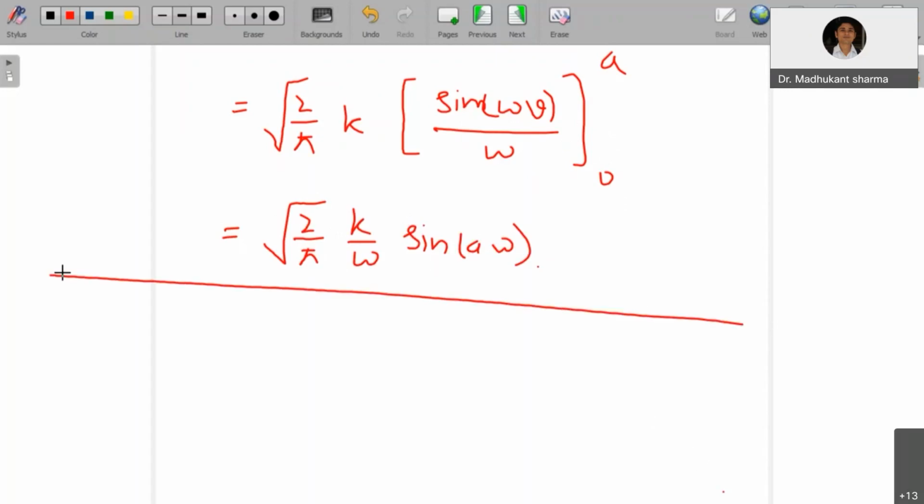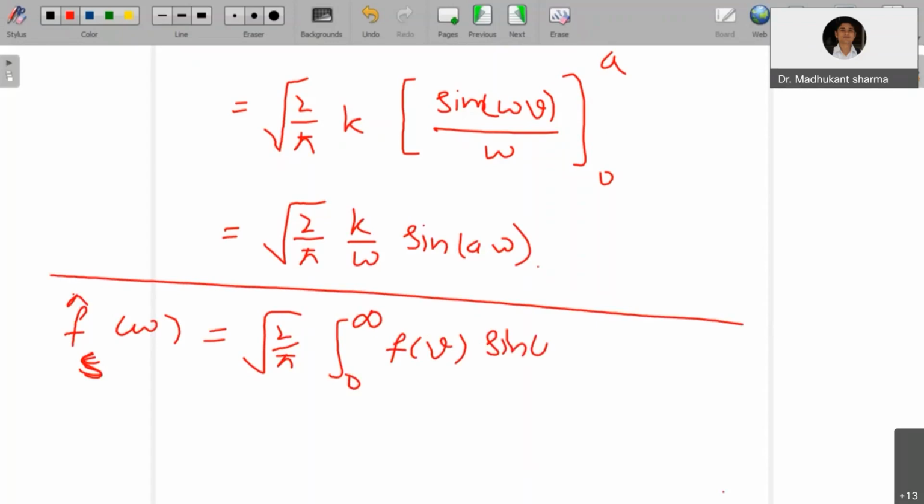Now for finding the Fourier sine transform, it is in a similar manner. It is going to be square root of 2 by pi integration 0 to infinity f of v sine of wv dv.